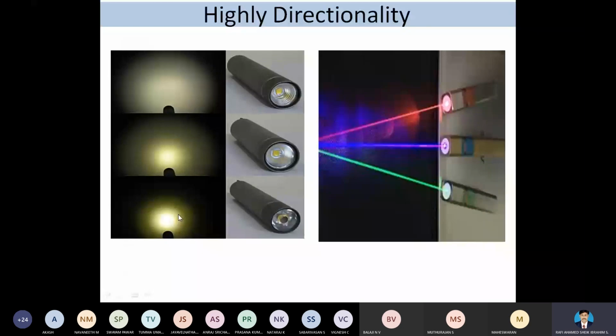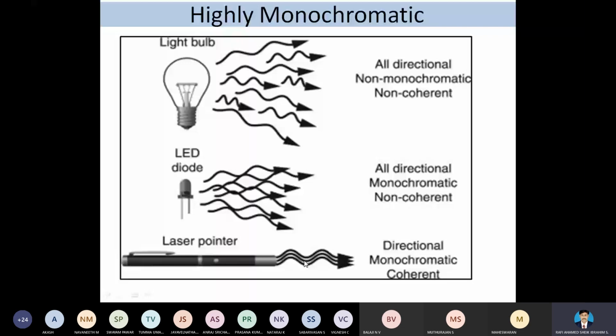For laser, it is passed on to the particular target. So here also, we are saying the characteristics are highly directional, highly monochromatic, and highly coherent. This is explained with comparison with the ordinary light bulb and with the LED diode.